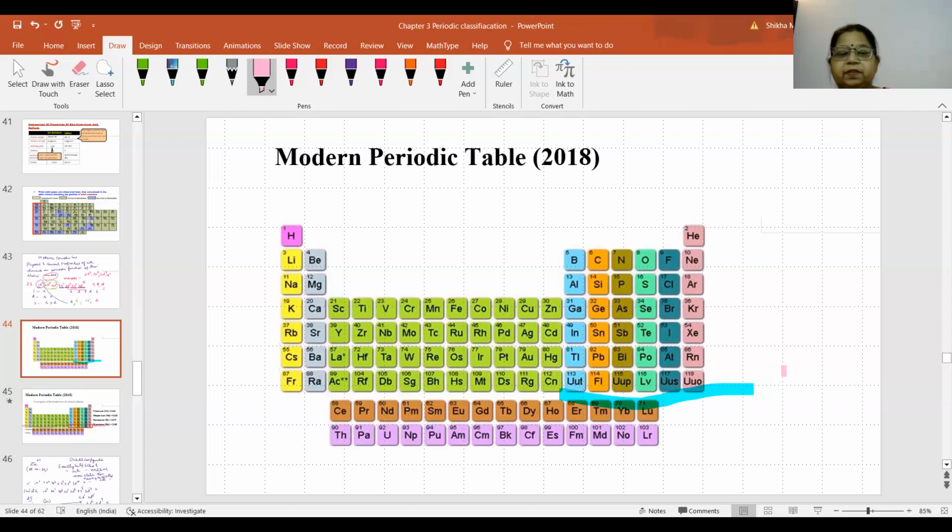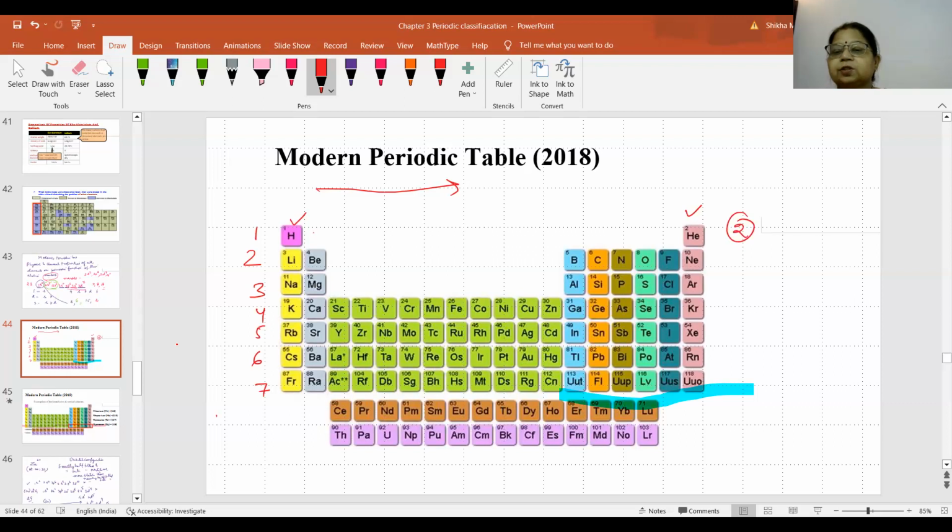Whenever we teach the periodic classification or periodic table to students, we say that this is the first period, second period, third period, fourth, fifth, sixth, and seventh period. Period means the horizontal rows. The first period of the modern periodic table has only two elements.